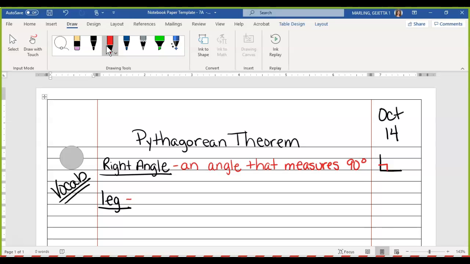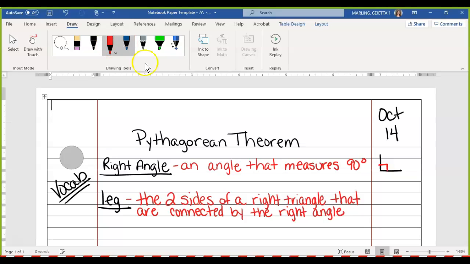The legs of a right triangle are the two sides of a right triangle that are connected by the right angle.